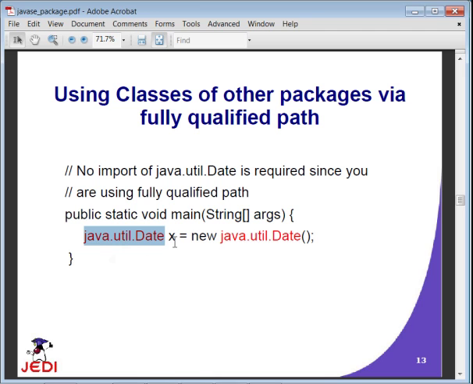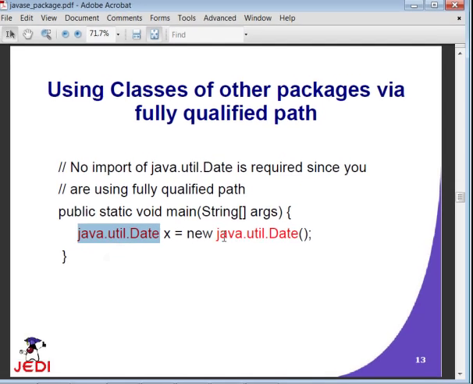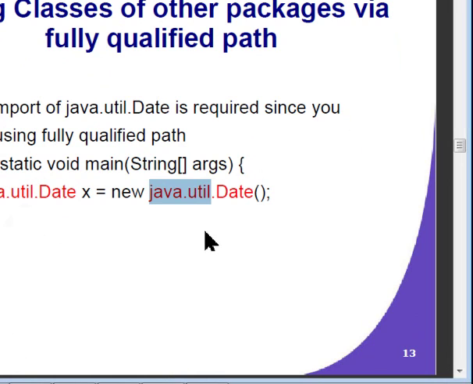Okay, but in general, this is not recommended because you have to actually type all these things. I mean, if you're using the Date class multiple times in your code, then it's going to be a real chore to type this long path.